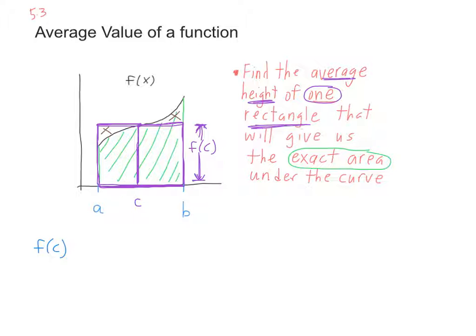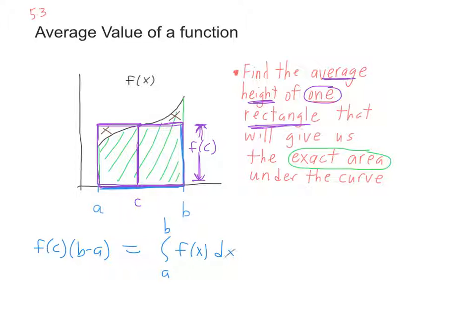So if we look at the area of the rectangle, it's f of c times b minus a, that's the dimensions of the rectangle. We have the width of b minus a times the height of f of c. That is going to equal the exact area, which we know can be represented as a definite integral.